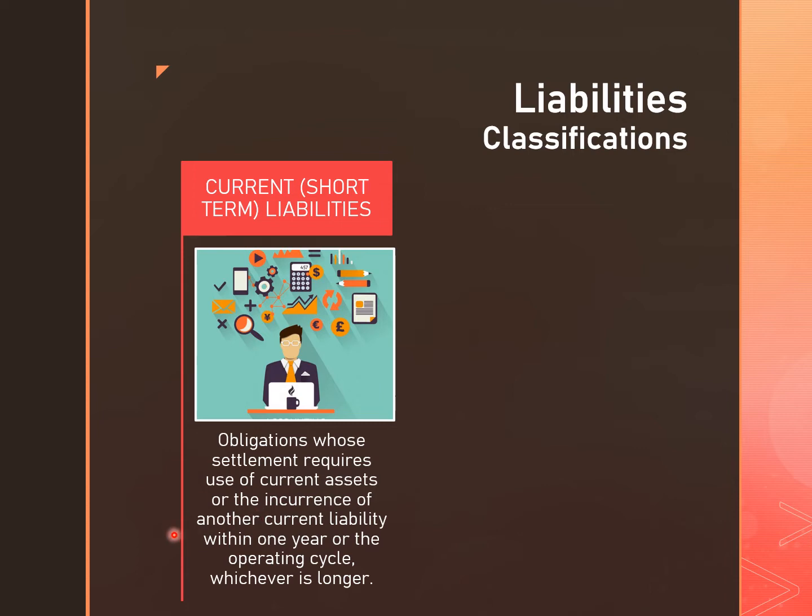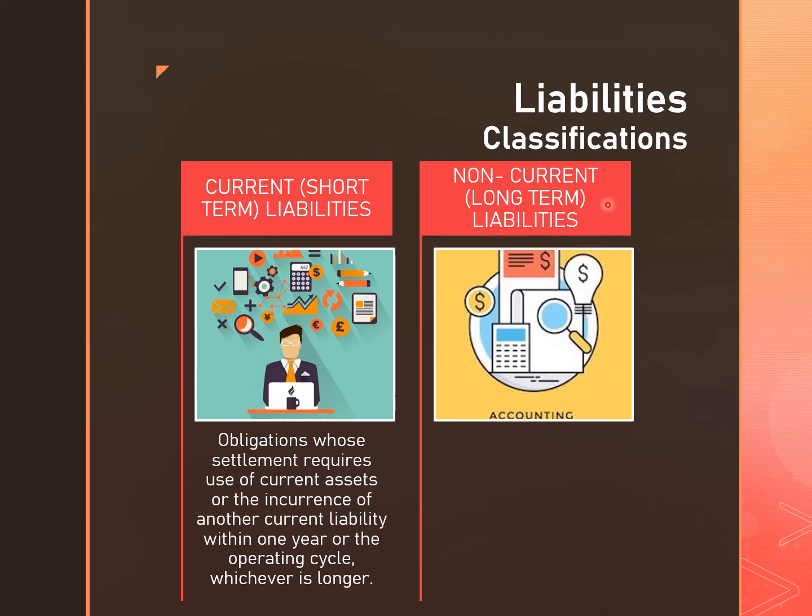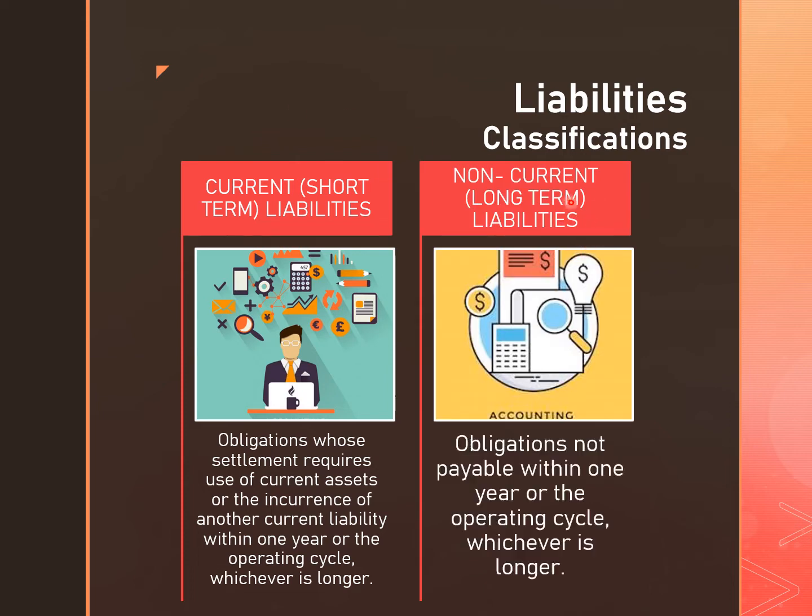So, it's like gali lubang, tutup lubang lah, macam tu. Moving on, this is the non-current liabilities ataupun long-term liabilities, of which the obligation is not payable within 1 year. They're more than 1 year lah, like the long-term loan and all that.